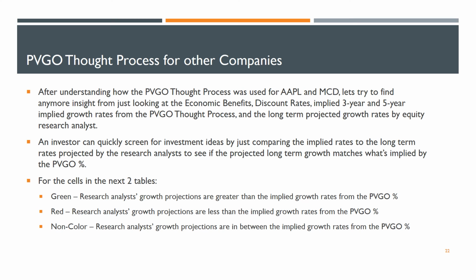If it's red, it means research analysts' growth projections are less than the implied growth rates from the PVGO percentage, which is not good. I mean, usually research analysts are the most bullish, and if they're lower than what the PVGO percentage is offering, then that could be a problem. And with no color, it's reasonable based on those estimated percentages.